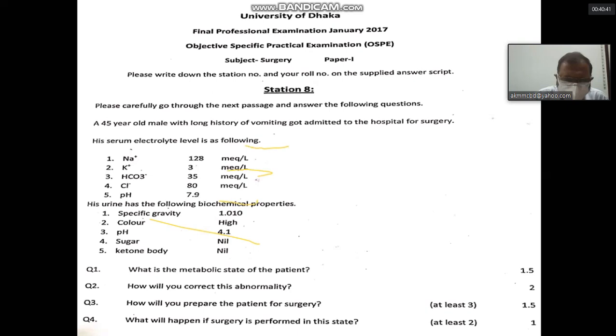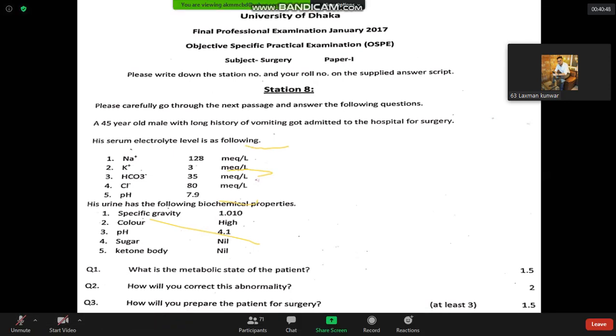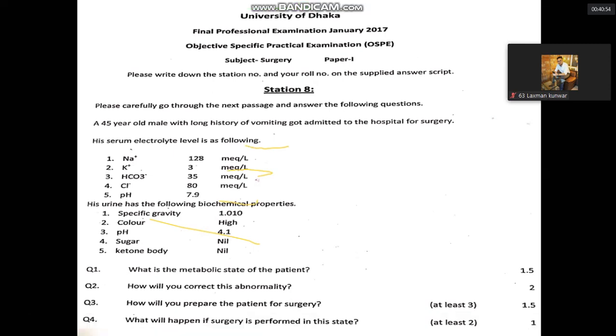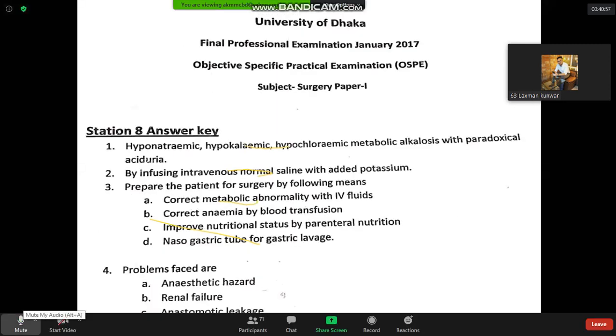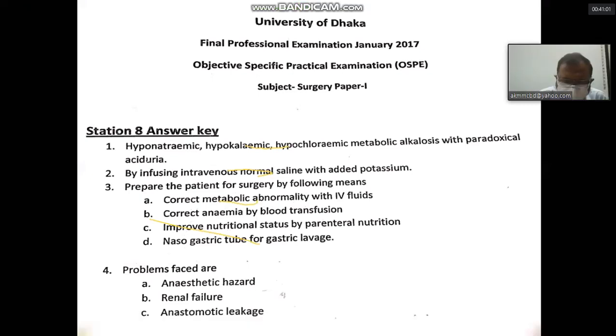How will you correct this abnormality? Correction of dehydration, potassium supplementation. Very good. By infusing intravenous normal saline with added potassium or potassium supplement, whatever you like.